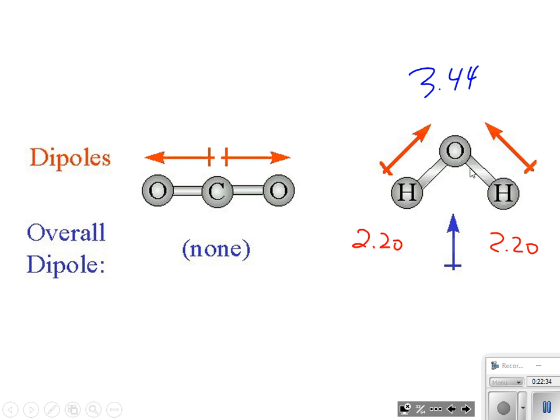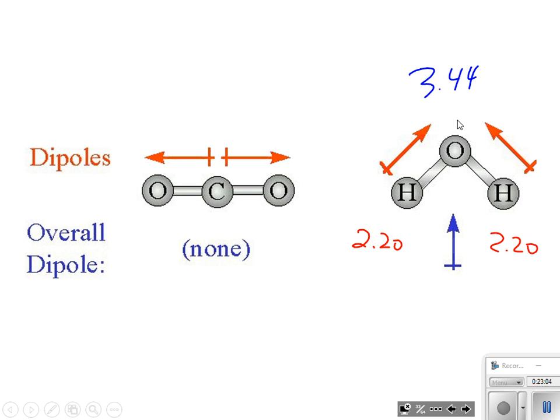So, this molecule is going to be a polar molecule because this end is going to be positive and this end is going to be negative. And do those poles cancel each other out? No, they do not. So when we talk about the polarity of water, the oxygen end is partially negative.